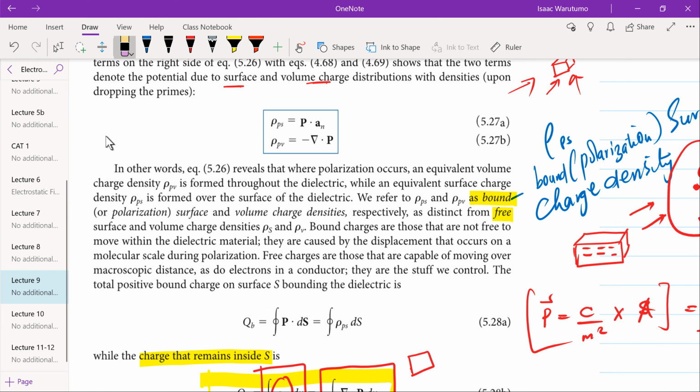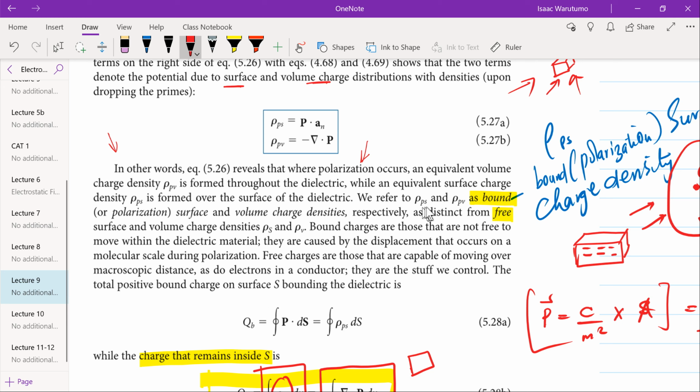I have taken you back to our previous lecture 9, particularly because we observed that when polarization occurs in a medium, an equivalent volume charge density rho PV is formed throughout the dielectric, while an equivalent surface charge density rho PS is formed over the surface of the dielectric.